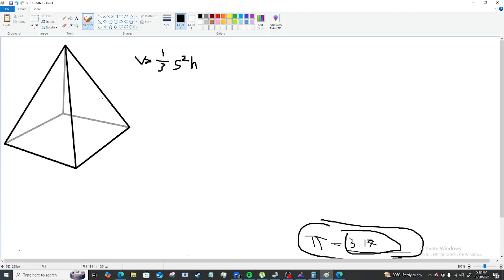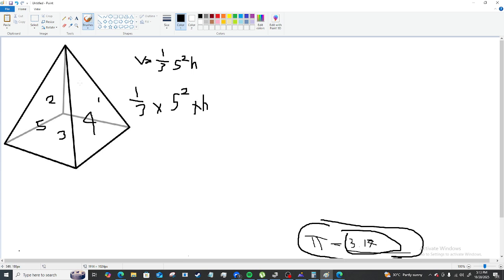Let's count the sides. 1, 2, 3, 4, 5. 5 sides squared times height. Wait, let's put the 1/3. I forgot.